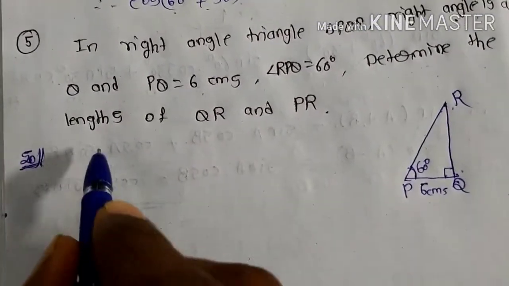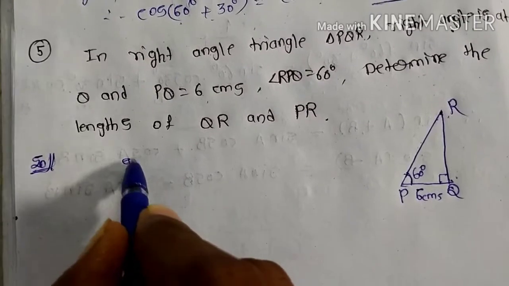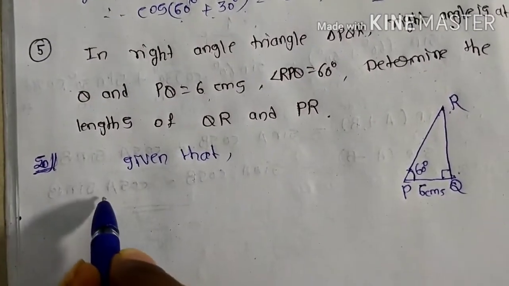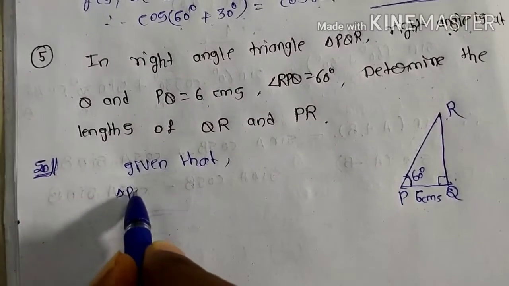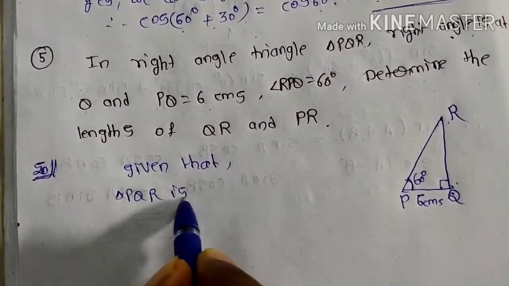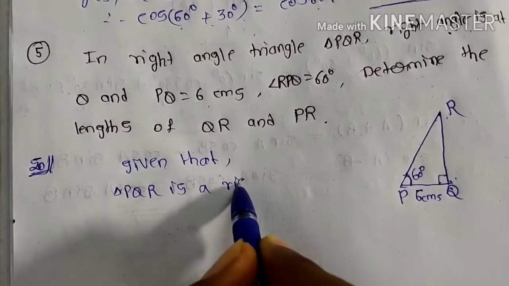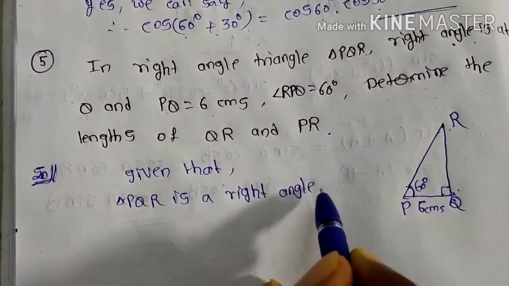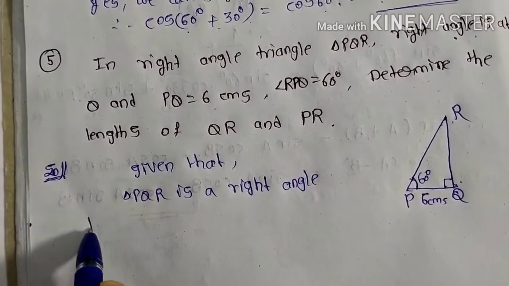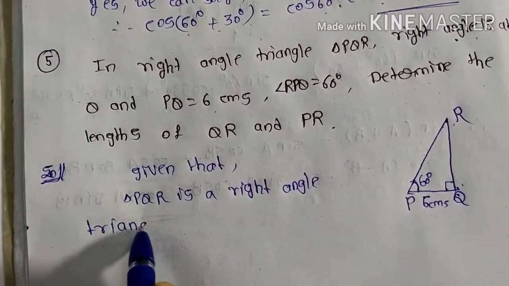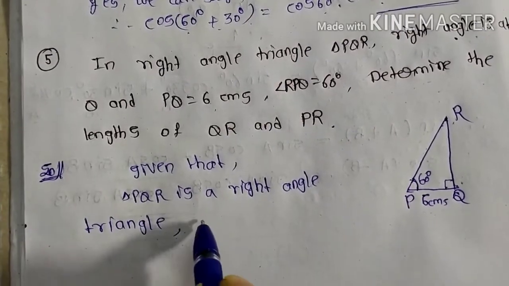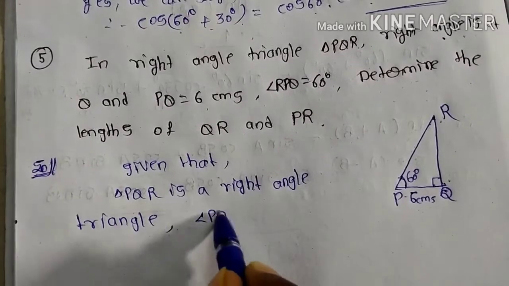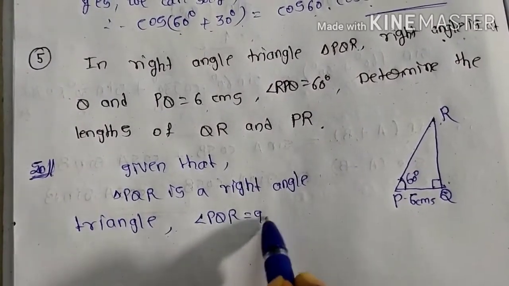First of all, you can write here given information. I am writing here given that triangle PQR is a right angle triangle. Here see angle PQR. That means you can write here angle PQR is equal to 90 degrees.